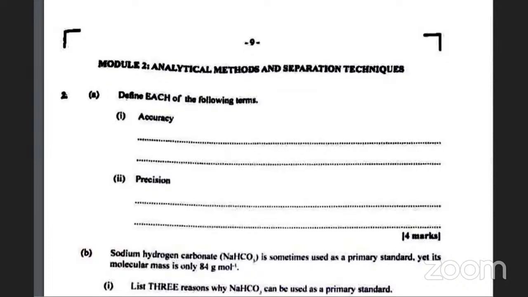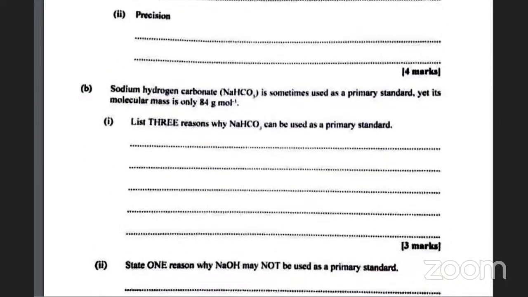In terms of a standard solution now, sodium carbonate is sometimes used as a primary standard, yet its molecular mass is only 84. There are three reasons why sodium carbonate is used as a primary standard. So tell me something about a primary standard. A primary standard must be stable in the air.